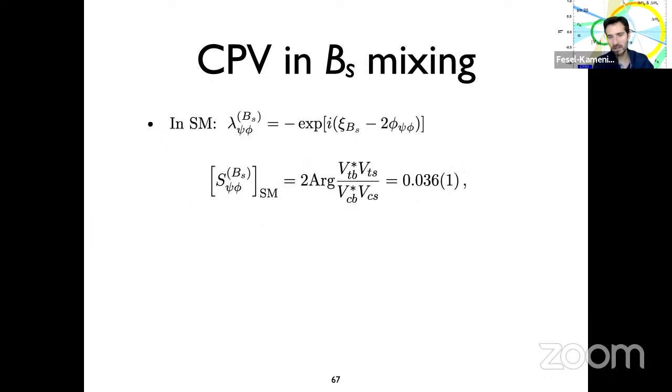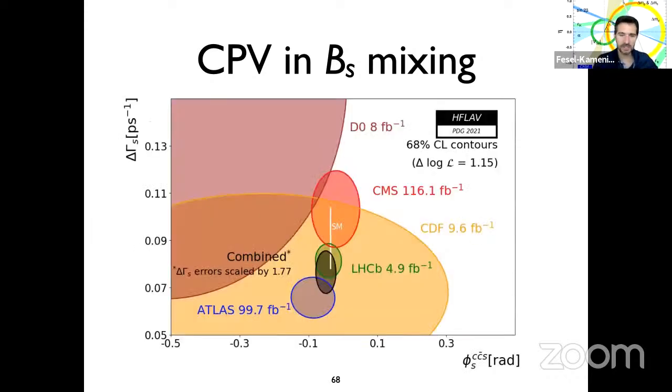But nonetheless, these measurements are being performed by LHCb in particular, but also by ATLAS and CMS at the LHC. And just for illustration, this is the current status of the measurement of the relative phase between the B sub S to J psi phi decay and B sub S oscillations as performed by LHCb, ATLAS, and CMS.